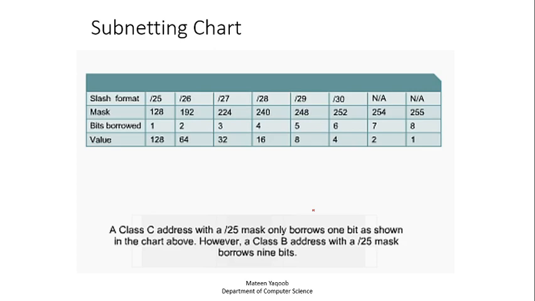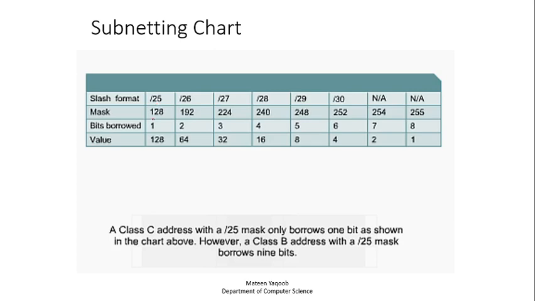So to summarize subnetting, I have found a chart. Here I would like to mention that subnetting is done here for a class C address. If you are using a /25 format, it means you have borrowed 1 bit from the host part.